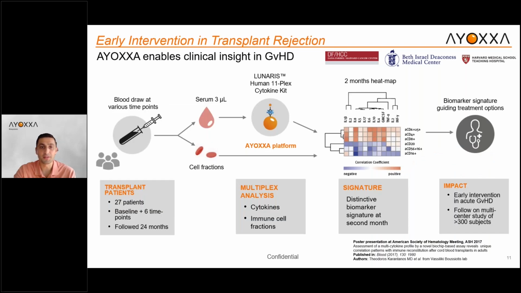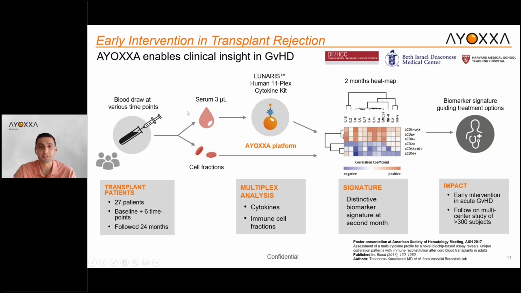Our partner and collaborator, Vicky Besoides from the Beth Israel Medical Center, aimed to do a risk assessment study for immune reconstitution after cord blood transplantation. In this initial study, 27 patients were included. Blood draws were taken at baseline plus 6 different time points and followed for 24 months.